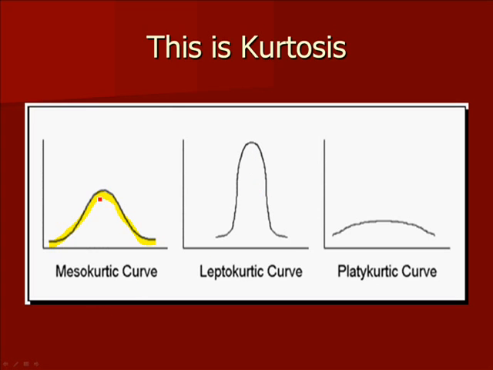In a normal distribution there are as many people below the mean as there are above. However, if we get more people than we're supposed to centered around the mean, this is the mean right here, that's called a leptokurtic curve.